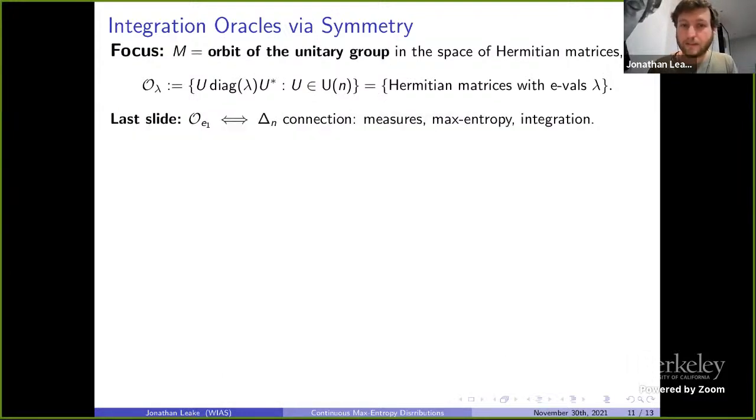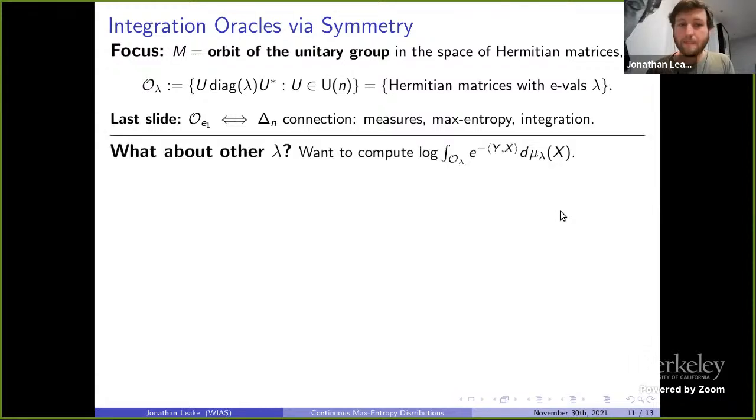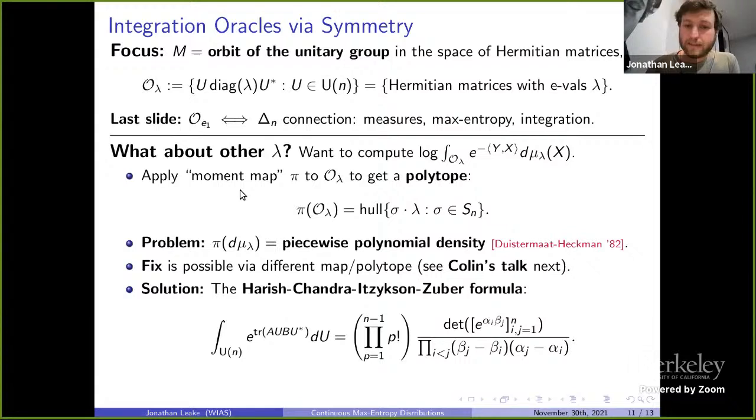So how do we generalize this to other choices of lambda? Well, we saw this connection before: there was some big connection that connected measures, computing integrals, and max-entropy distributions. So if we want to do this for other lambda, let's just try to do the same thing we did before.